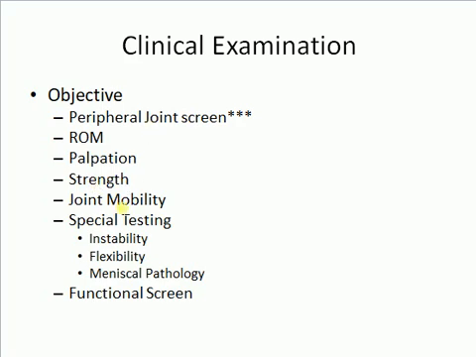Review your joint mobility. Special testing we're going to go over in class, but there are a lot of different special tests for the knee that allow you to differentiate between meniscal pathology, instabilities, maybe muscular flexibility issues. And then a really important one here is our functional screen.